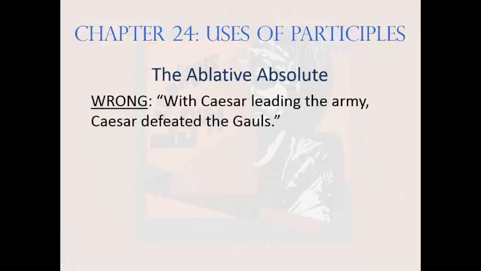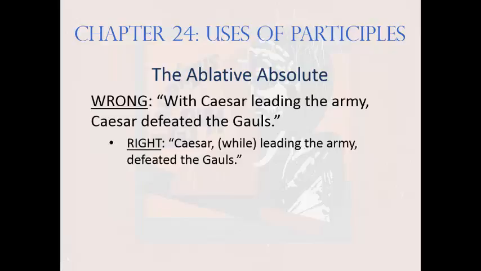So, it's wrong to say, "with Caesar leading the army, Caesar defeated the Gauls." Instead of creating an A squared, just attach the participial phrase, "leading the army," to the word Caesar in the main sentence, and say, "Caesar, while leading the army, defeated the Gauls."